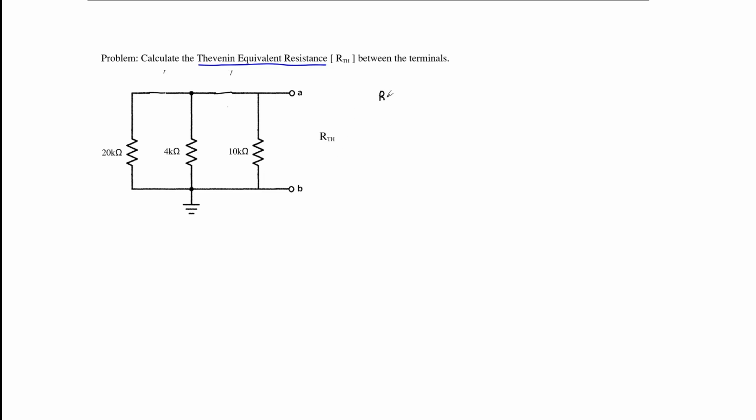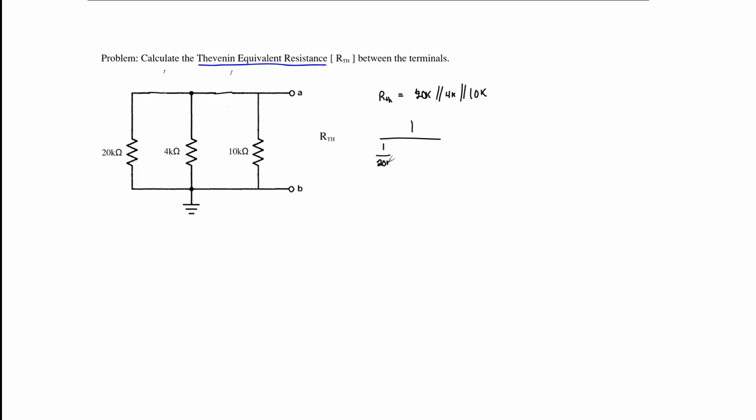Writing out our RTH, it is equal to the parallel resistance of our 20 kilo ohm resistor, our 4 kilo ohm resistor, and our 10 kilo ohm resistor. This can also be expressed as the reciprocal of the summation of the reciprocal of each of the elements.